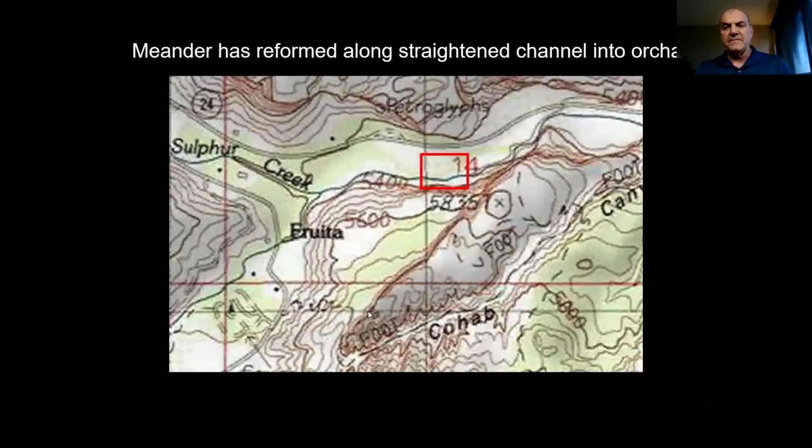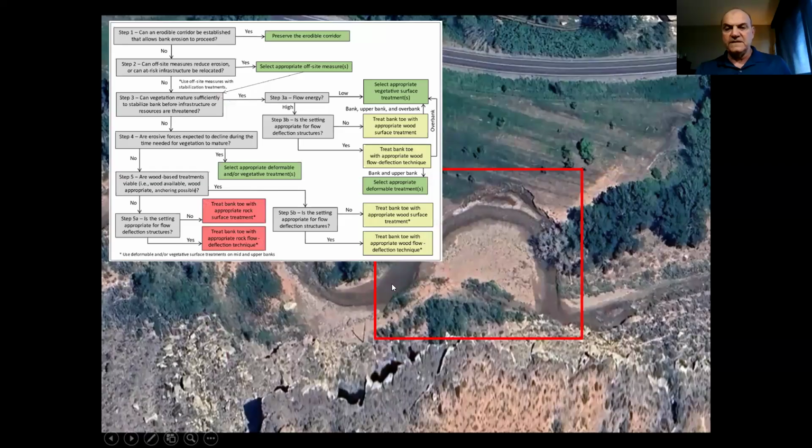Looking at the topographic map, probably from the 1980s, you will see that the river channel is actually artificially straightened, it appears, and that the meanders that we're seeing are actually the river reforming meanders, sort of reestablishing its natural configuration.